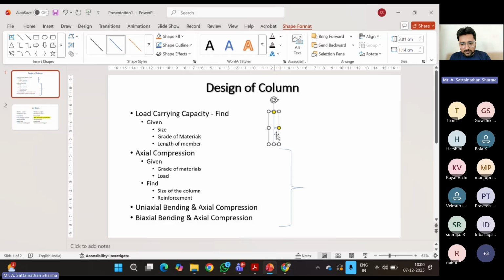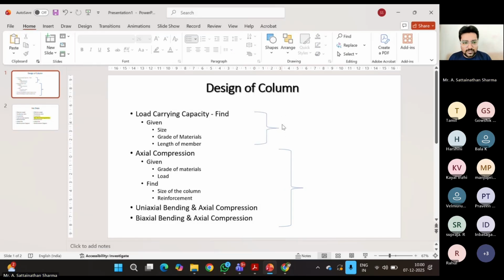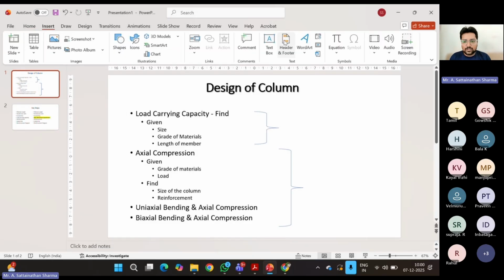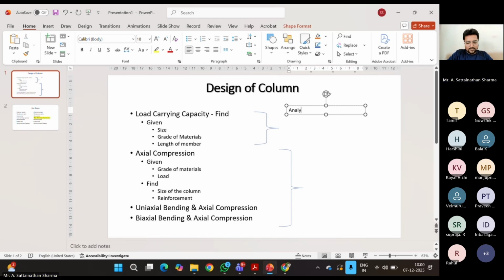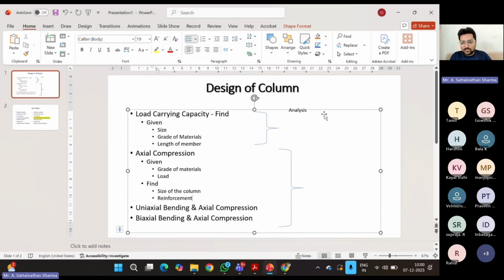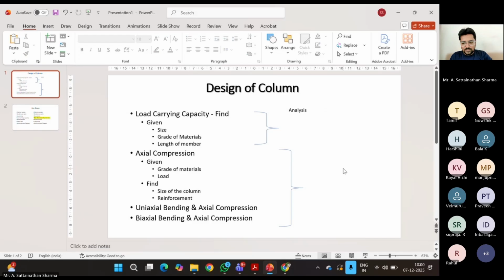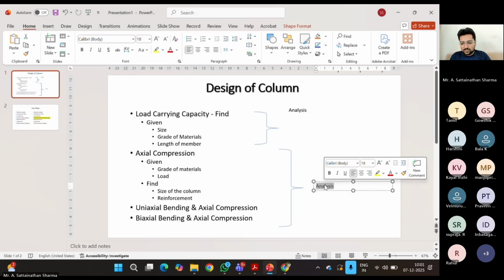Because without understanding this, we cannot proceed further. First is this analysis part, and the second one is design. Do you have any doubts on this?